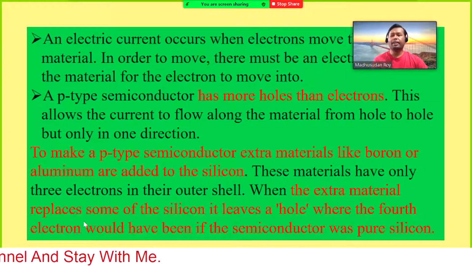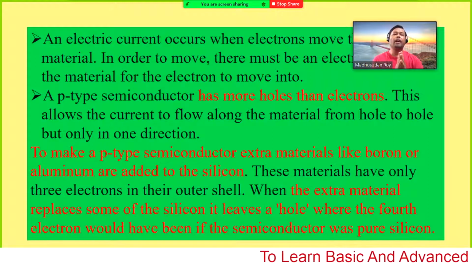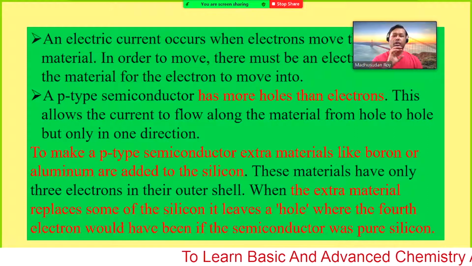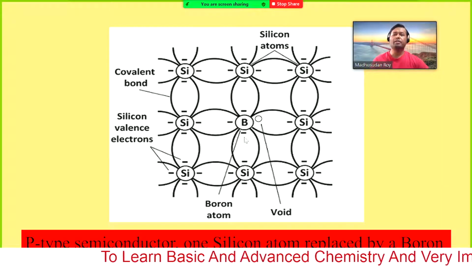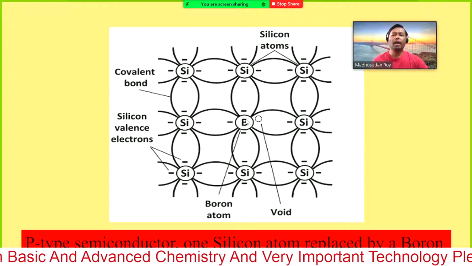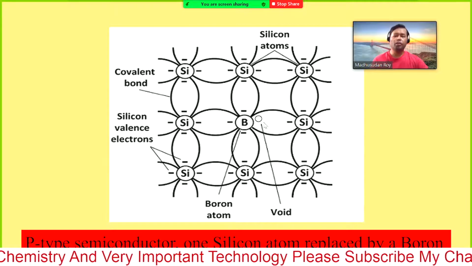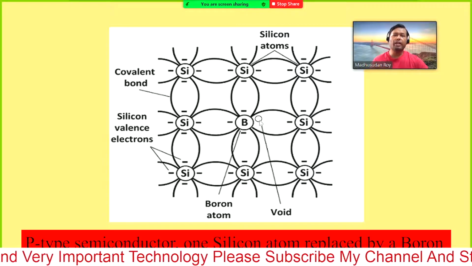When an extra material replaces some of the silicon, it leaves a hole where the 4th electron would have been if the semiconductor was pure silicon. Therefore if the pure silicon was there, to discuss p-type semiconductor, I have first mentioned that all of them are silicons, so we can easily understand that we had one electron here.